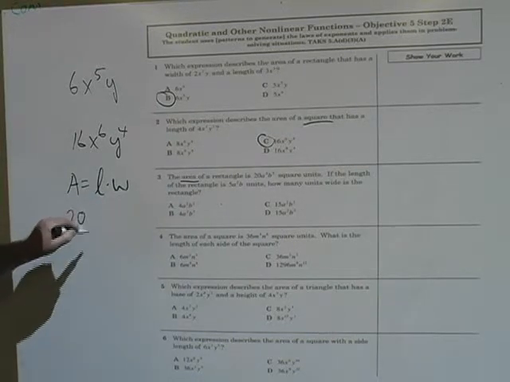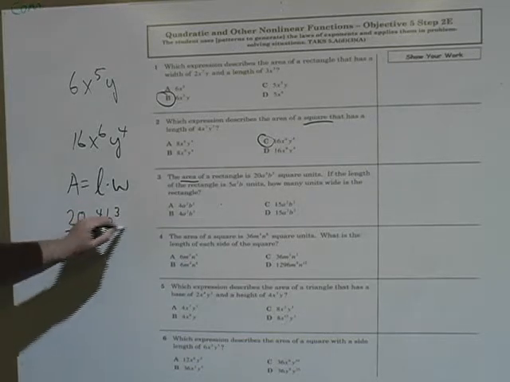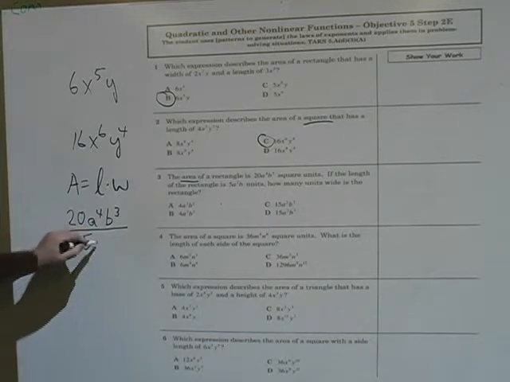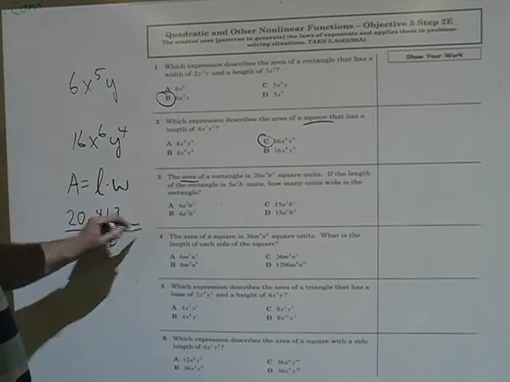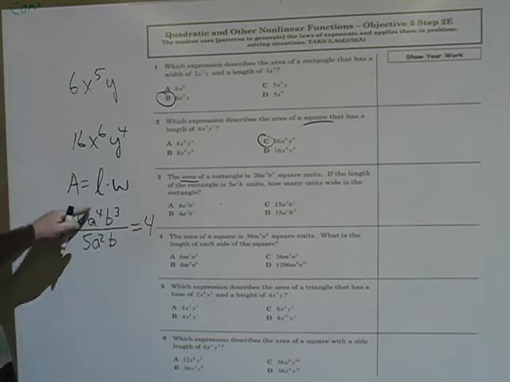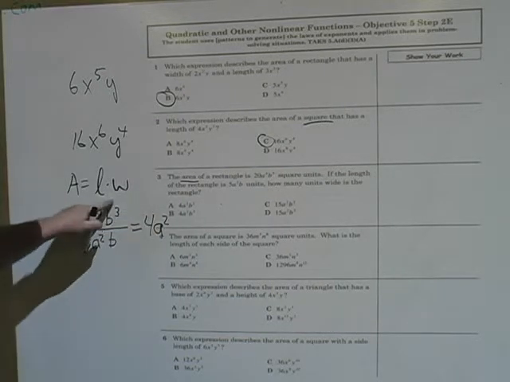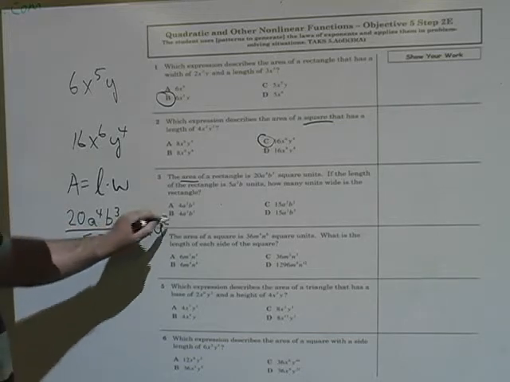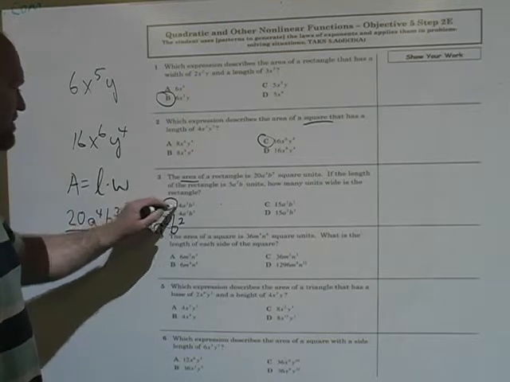So 20 a to the 4th, b to the 3rd, divided by 5a squared b. 20 divided by 5 is 4. A to the 4th divided by a squared. Remember, you subtract exponents. B to the 3rd over b to the 1st. Subtract exponents. And there's your answer. 4a squared b squared.